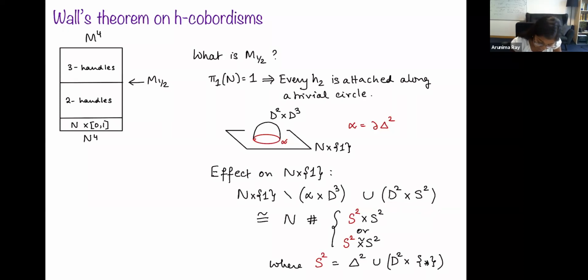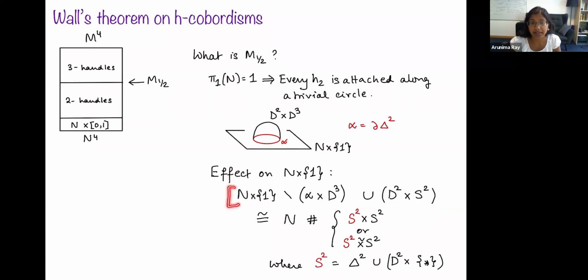So basically, this D2 cross D3 has 2 portions of the boundary. There's a portion of the boundary that we use to attach. That has to be removed from N cross 1/2. And then there's the rest of the boundary that looks like this, that gets added in. So in fact, if there were a single 2 handle in this cobordism, then this would be precisely M1/2.